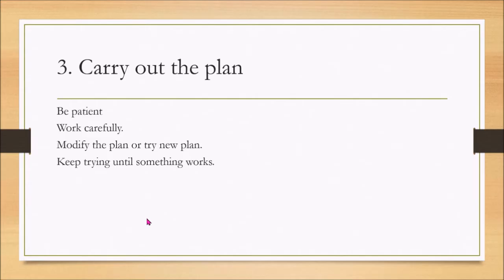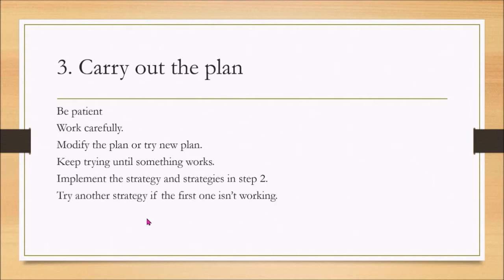Or if you have some idea, maybe this is close enough, maybe this will be good to use. Then we're going to implement this strategy, or strategies, from step one, which is devise a plan. When you say carry out the plan, that means this is your support to your devised plan, by implementing it.